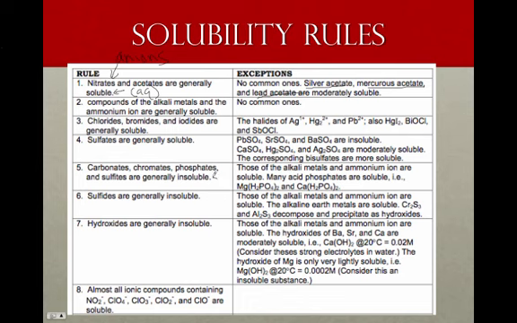Insoluble means you're going to write that as a solid in your equations. So other things to note, chlorides, bromides, and iodides are generally soluble, except if those are combined with silver, mercury, or lead. So that gives you an idea of how to read your table. So we're going to move on to how to apply the solubility rules to example problems.